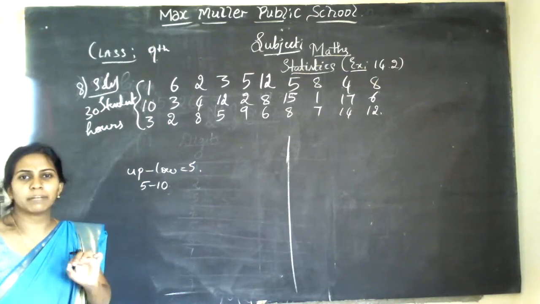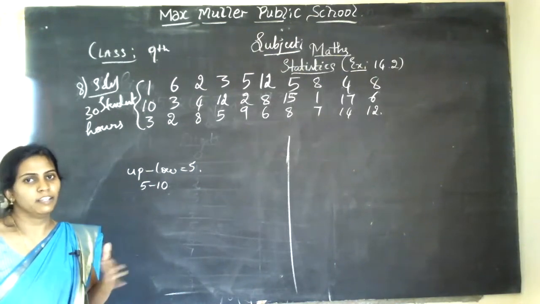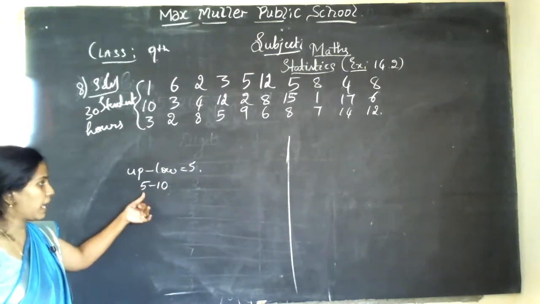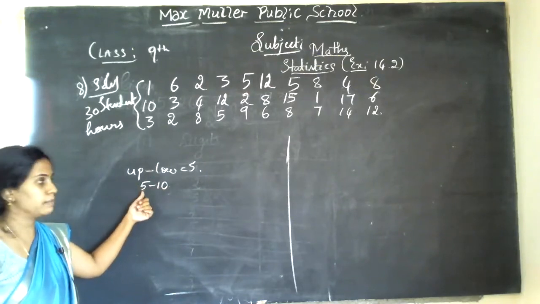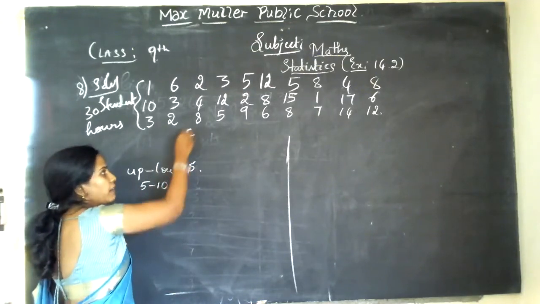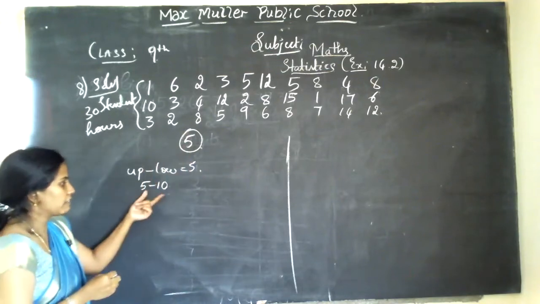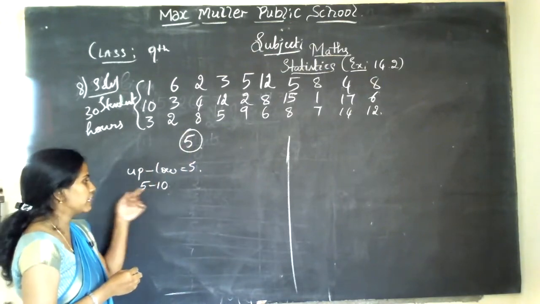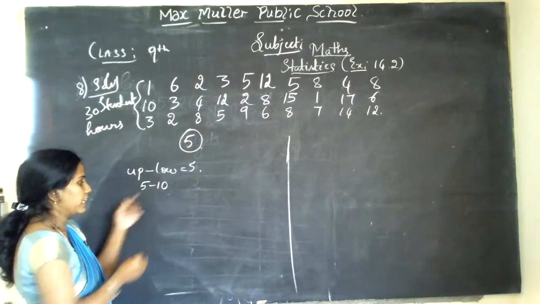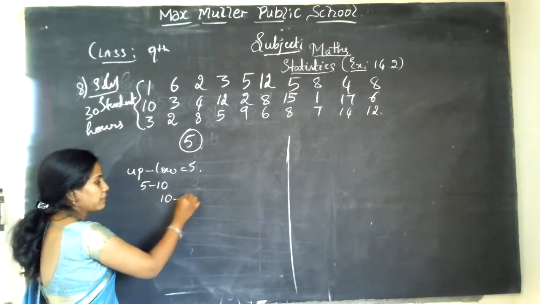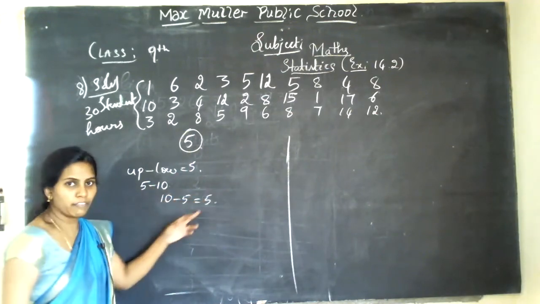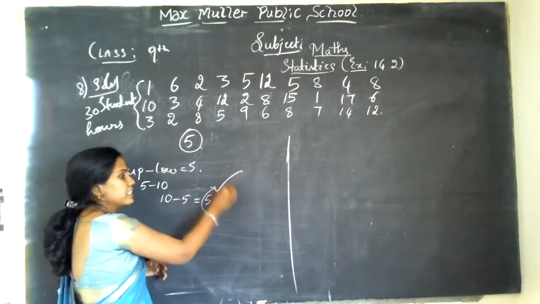Width is nothing but size; they are all the same. Upper limit minus lower limit: 10 minus 5 gives 5. So the width or the size is 5.